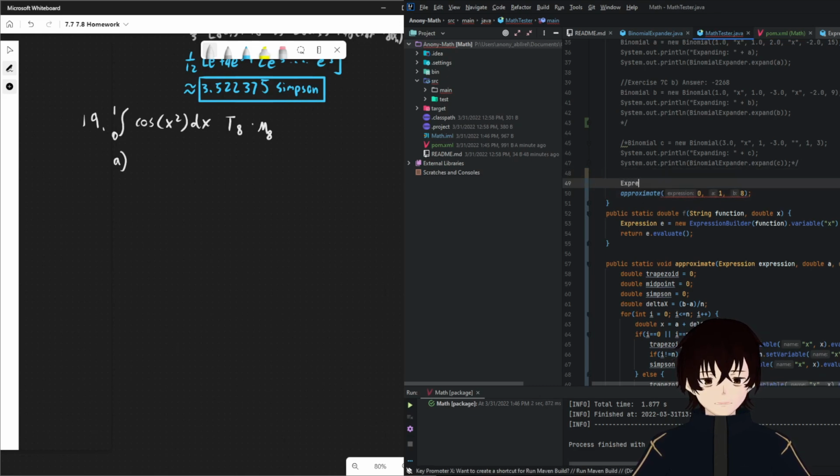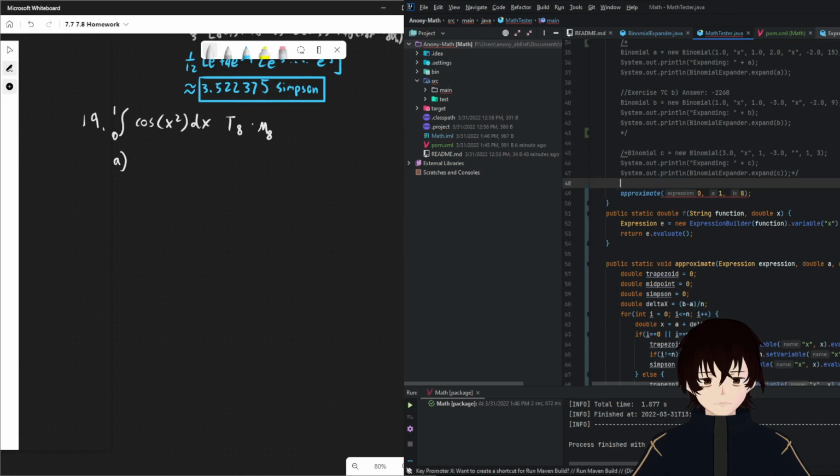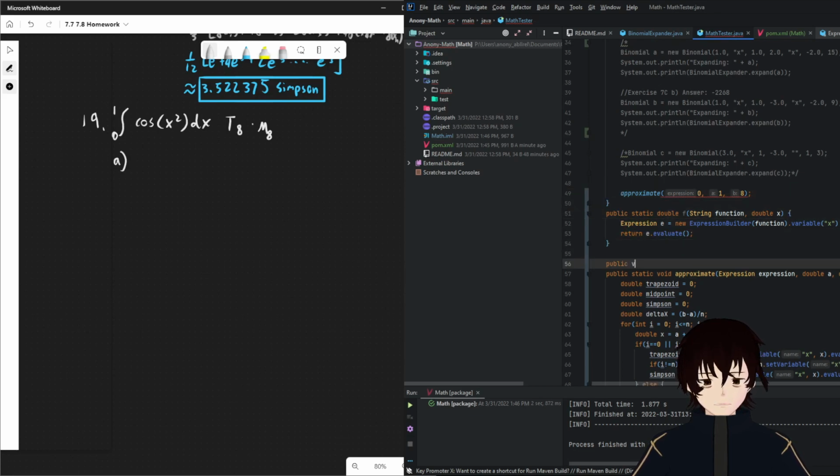We can do expression E is equal to... so let's do this. Public static void approximate, string, double A, double B, int n.